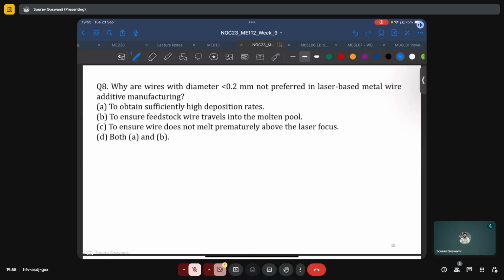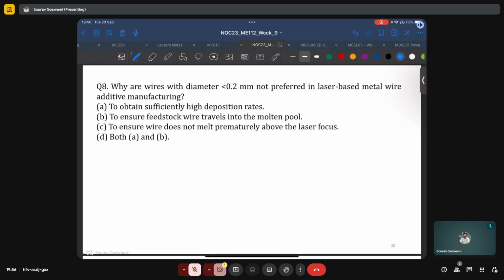Question 8 is asking us, why are wires with diameter less than 0.2 mm not preferred in laser-based metal wire AM? Is it to obtain sufficiently high deposition rates? Is it to ensure that the feedstock wire travels into the molten pool? Is it to ensure that wire does not melt prematurely above the laser focus? Or is it some combination of the above?